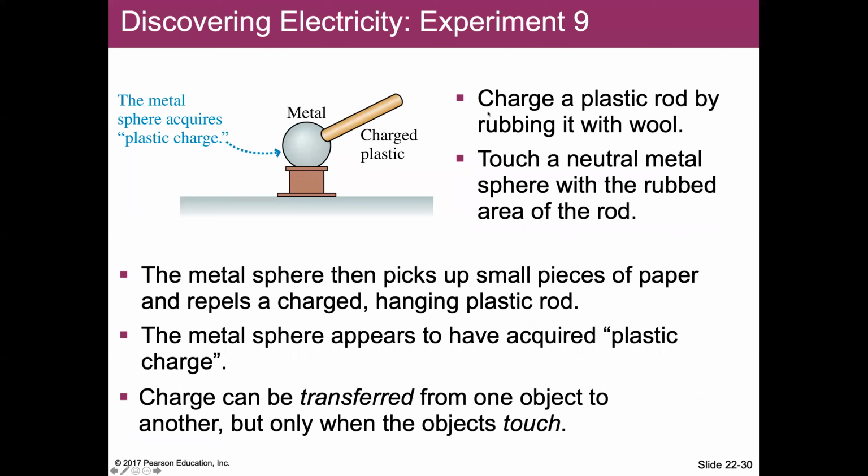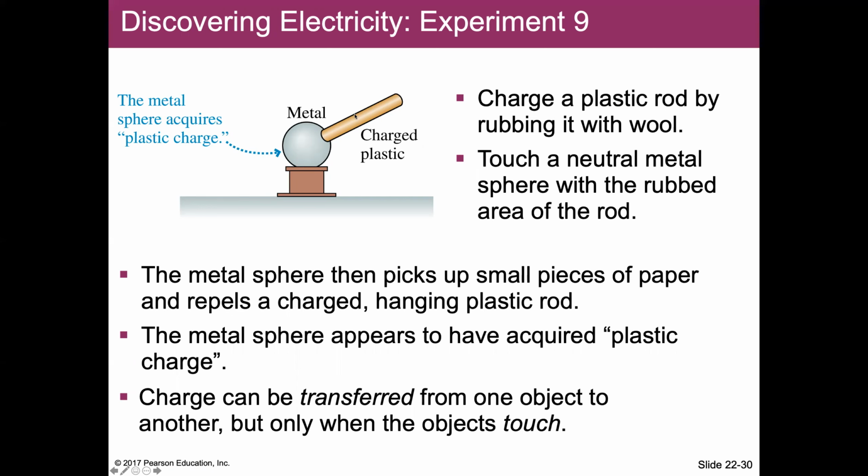Okay, next experiment. Charge a plastic rod by rubbing it with wool. Touch a neutral metal sphere with the rubbed area of the rod, which is shown here. And then you will see this metal sphere acquires plastic charge. The metal sphere then picks up small pieces of paper and repels a charged hanging plastic rod.